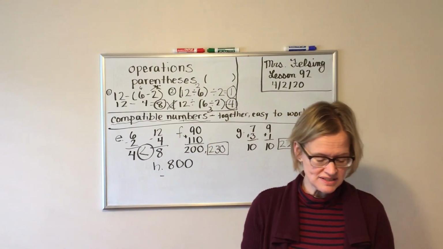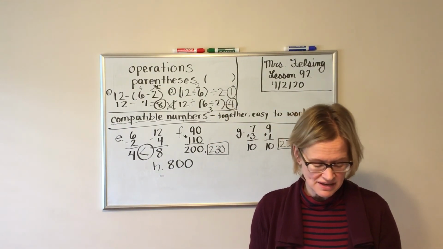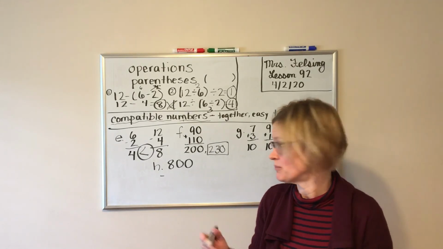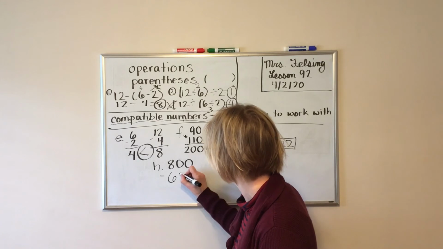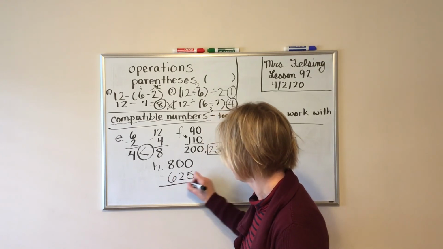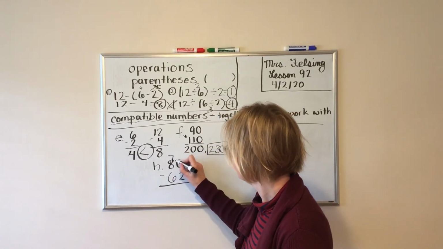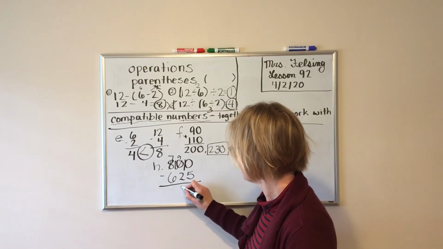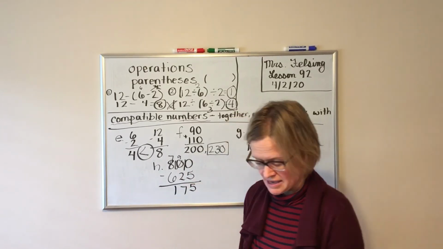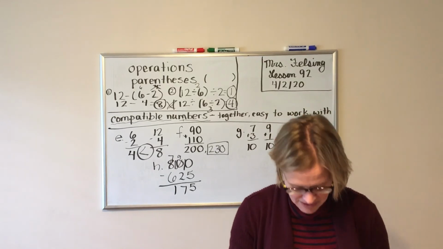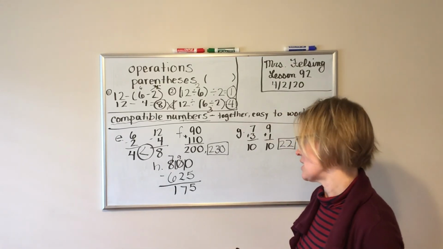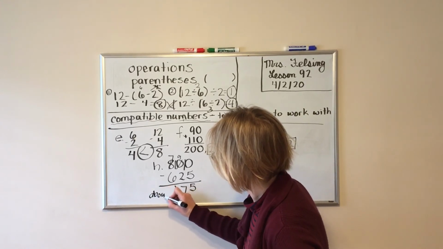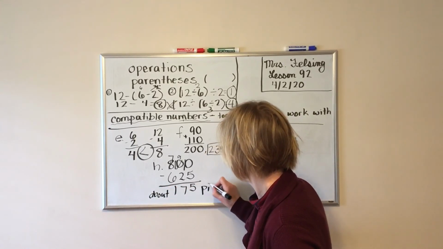And rather than doing 627, maybe we could change it to a compatible number like 625. And according to this, Paulo lost about 175 pieces.